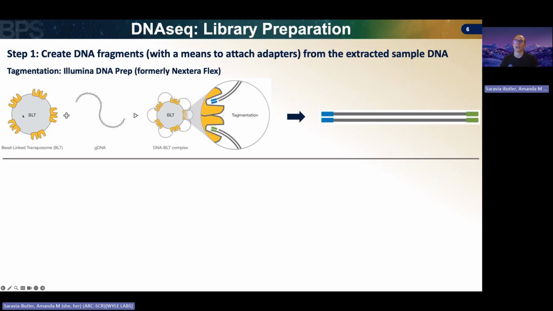In here, there are beads that have these little transposase enzymes, and transposases are enzymes that will interact with DNA, introducing random double-strand cuts. So it'll cut randomly throughout the DNA strand and cut both pieces of DNA, so both your sense and your antisense. And then also within these little complexes on this bead are short oligos, which are going to be the priming sequence that we're going to be adding on to our DNA fragments.